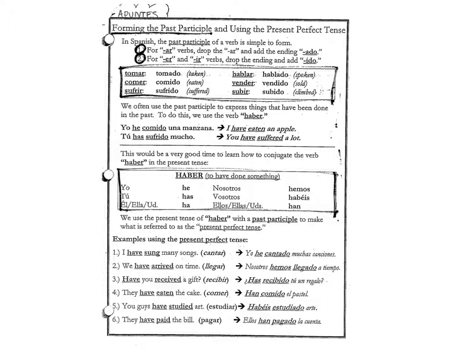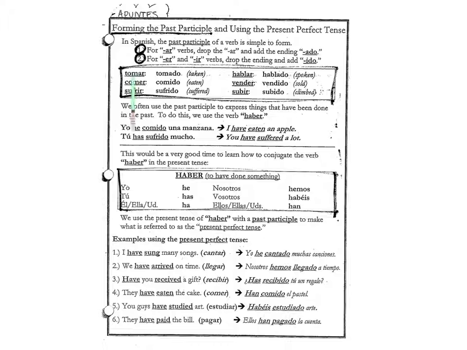There are no stem changers. So if you have a verb like jugar, which is normally a stem changer, for this tiempo perfecto with the past participle, it's just jugado, J-U-G-A-D-O. There's no stem changers. Okay, so basically you're going to chop off the AR and you're adding ado.